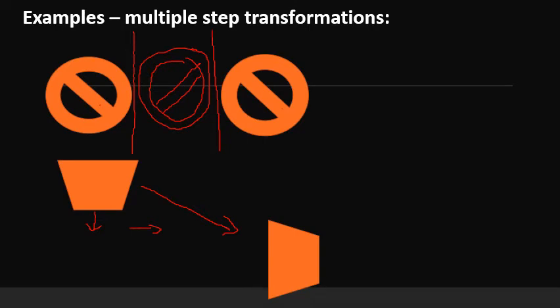Otherwise, I could say that it has been reflected or flipped vertically, then it's been translated, and then it's been rotated 90 degrees clockwise instead. So multiple steps for that one.